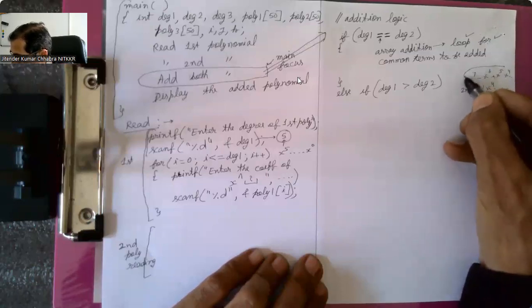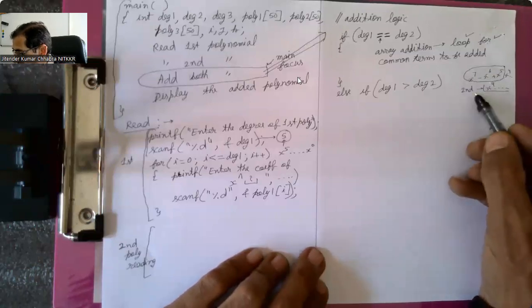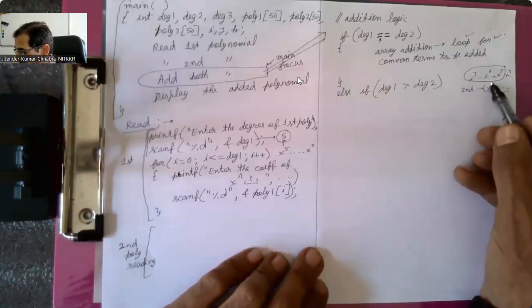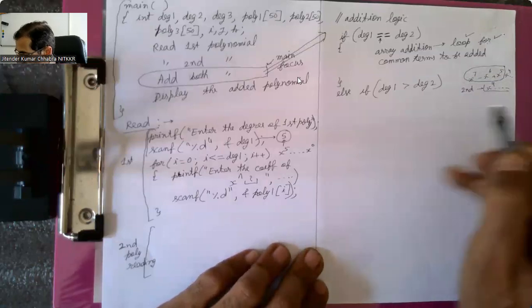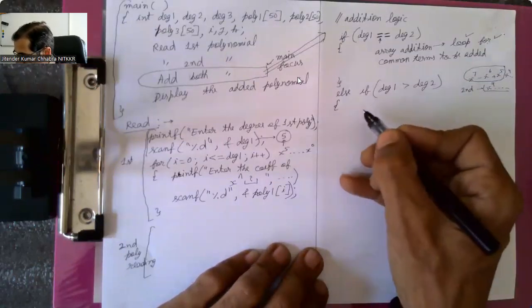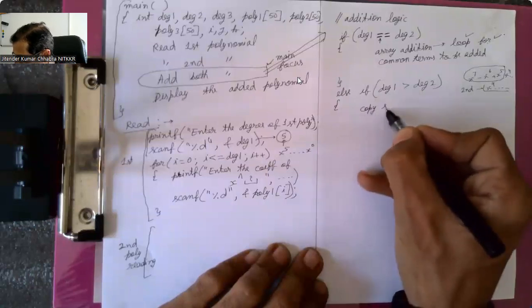That means remaining terms or those terms which are uncommon, which are not present in second polynomial, they are to be copied as it is into polynomial 3. So what I need here? I need some logic to copy some terms.